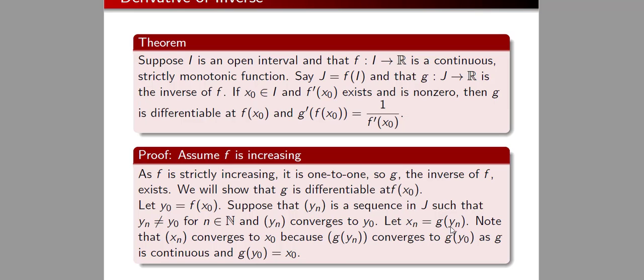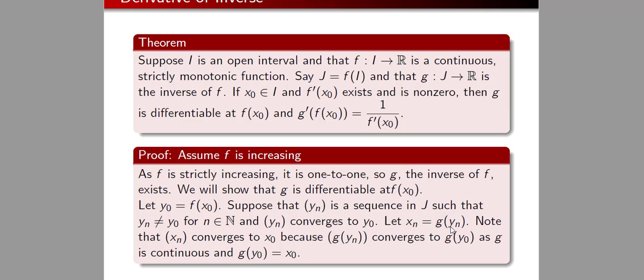Let's now talk about the derivative of the inverse of a function. Suppose that I is an open interval and that f from I to R is a continuous, strictly monotone function. Say that J is equal to f of I and that g from J to R is the inverse of f.